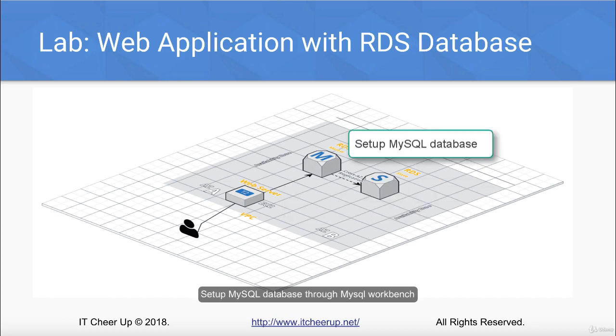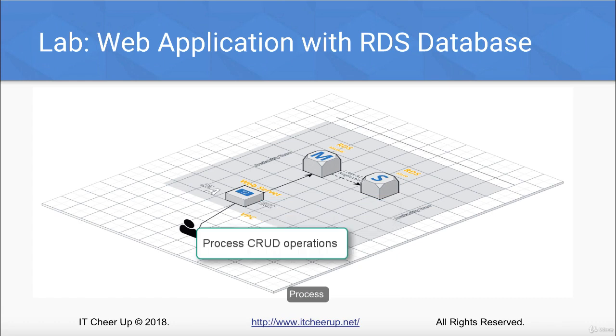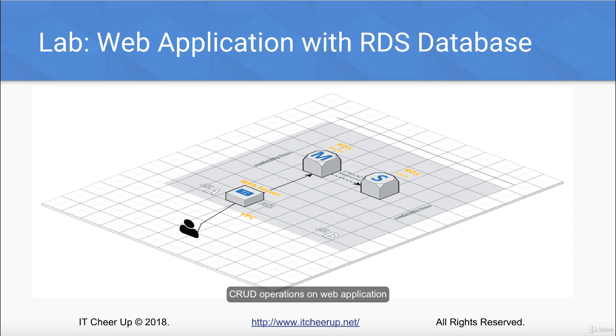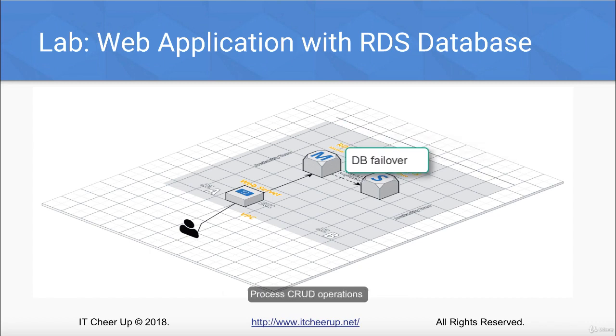Set up MySQL database through MySQL Workbench. Install web application on EC2 instance. Process CRUD operations on web application. Modify DB instance with multi-AZ deployment. Process CRUD operations on web application after DB failover.